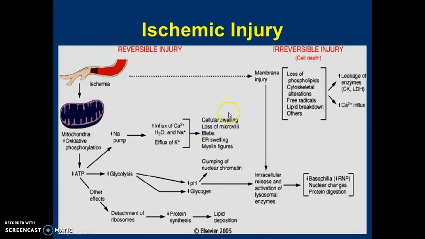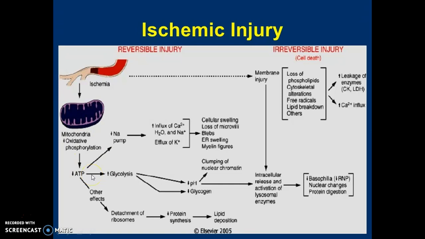The cellular swelling is because of the influx of calcium, water, and sodium in the cell. When there is overall cell swelling, obviously there is loss of microvilli, bleb formation, and overall cellular organelle swelling.